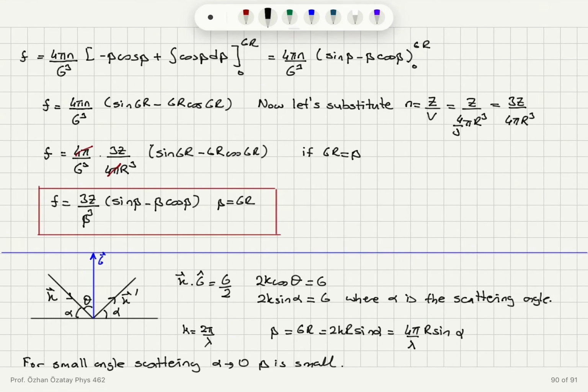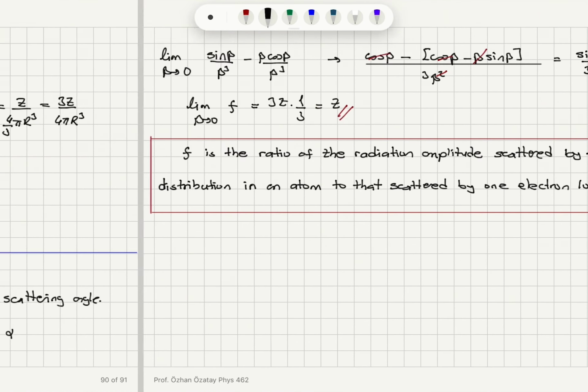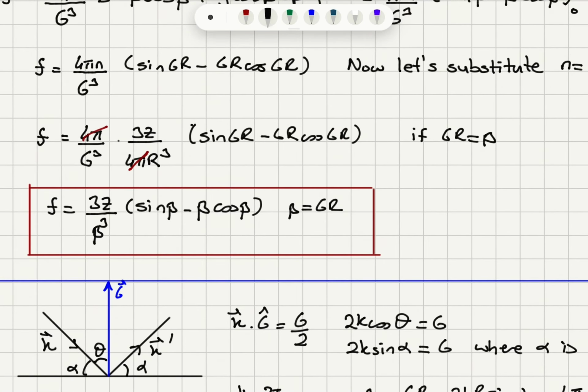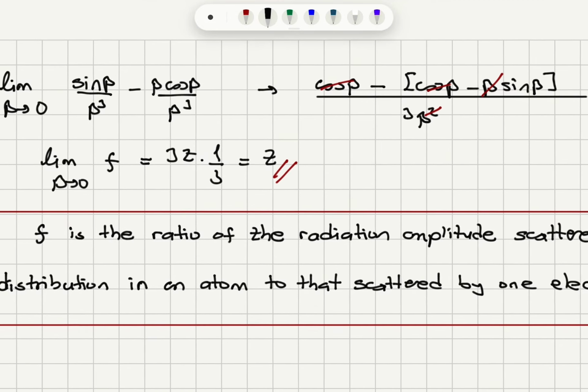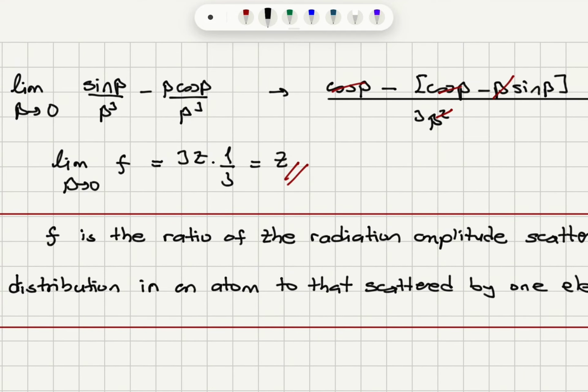So in the limit, as beta goes to 0, what happens to the atomic form factor? Sine beta over beta cube minus cosine beta over beta square. So let's look at the behavior. We would have 0 over 0 from sine beta over beta cube, and 0 over 0 in the second term.